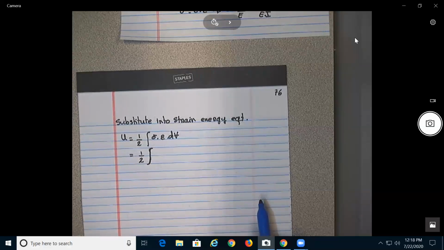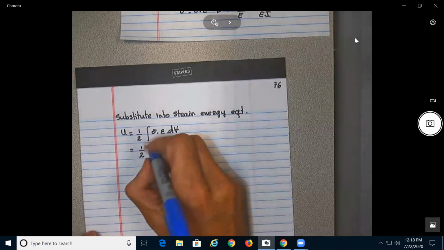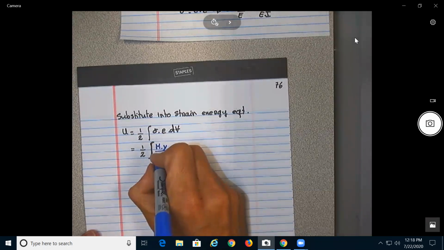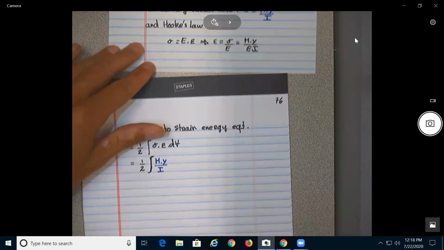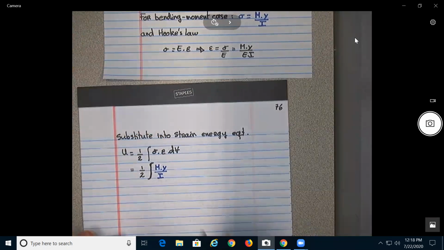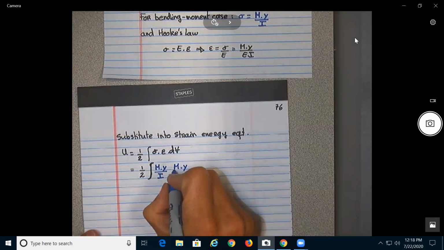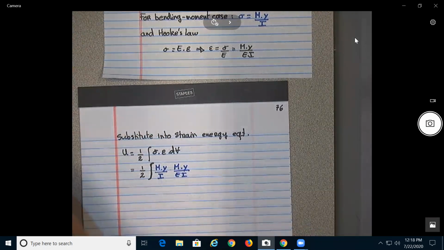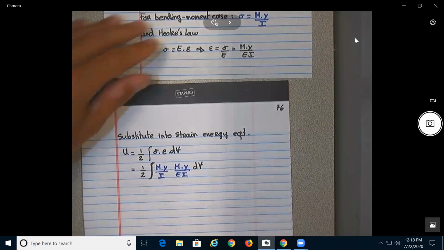What do we have? What is the expression for the stress? My over I. What is the expression for the strain? We have it right on top. It is My over EI, dV.